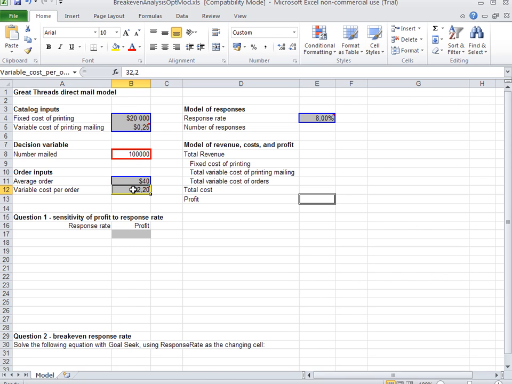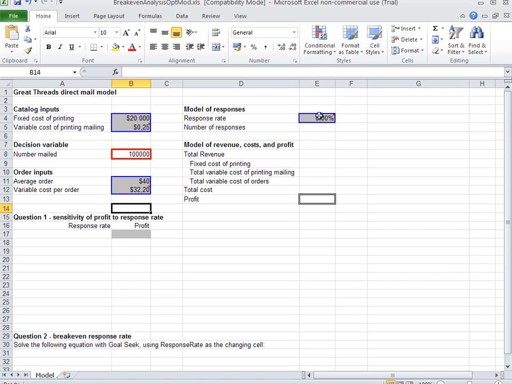This is the cost that is associated with our order. So when an order is placed, the average value of the order is $40, and the average cost for making those products that are worth $40 is for us $32.2.